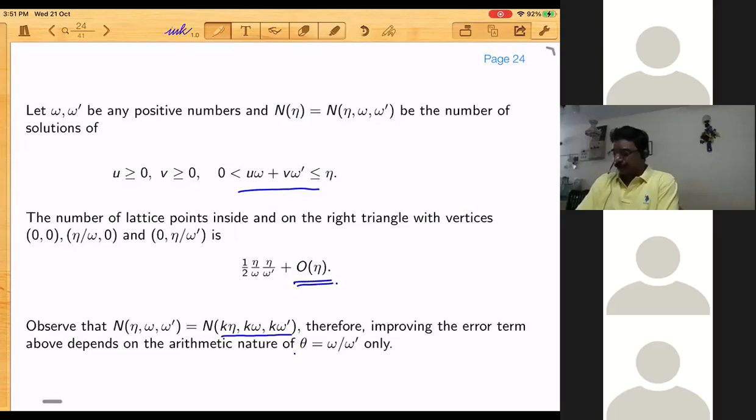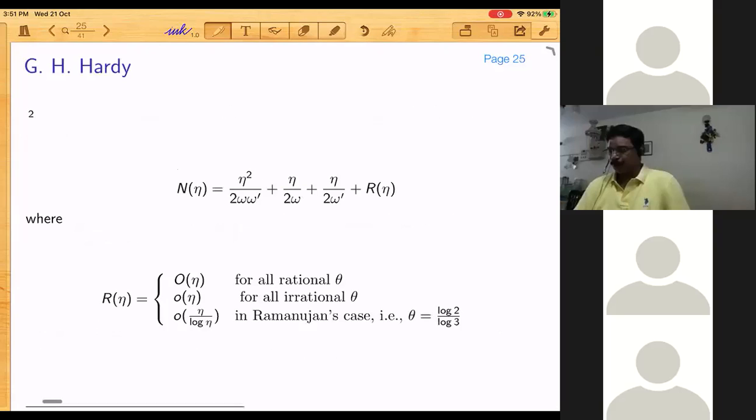All right, this is the first observation. G.H. Hardy did an extensive study of this. In fact, his book Twelve Lectures on the Life and Works of Ramanujan contains a chapter devoted to this one, and my exposition is taken from there.